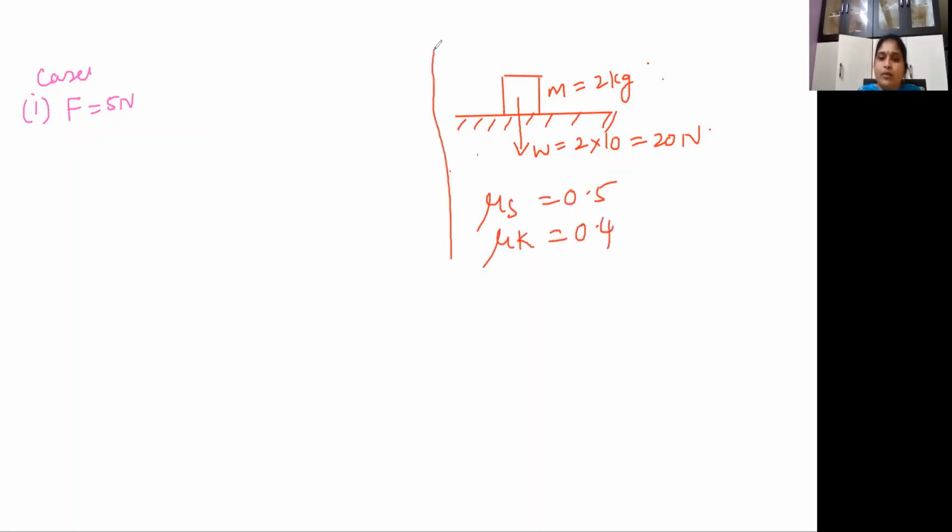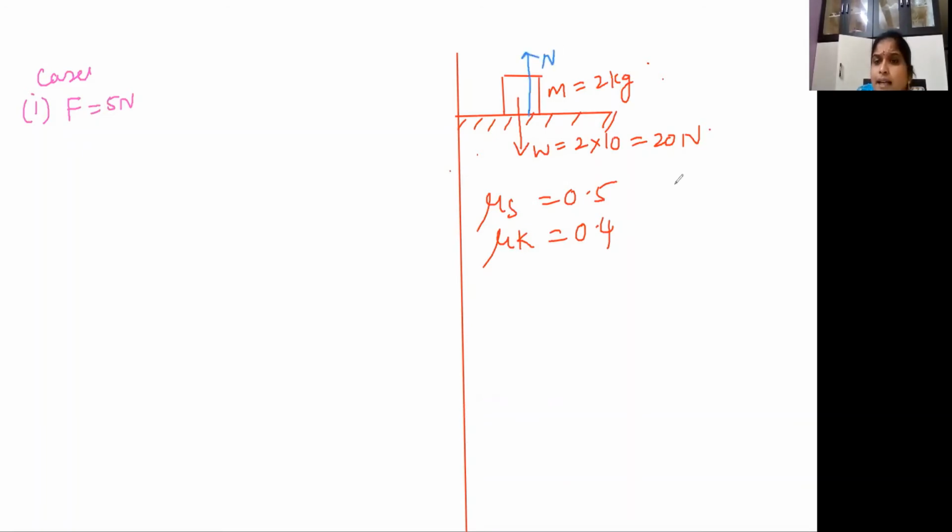We'll do every part one by one. Now here we have the normal force. First we have to check the limiting static friction, children. I am drawing the normal here.